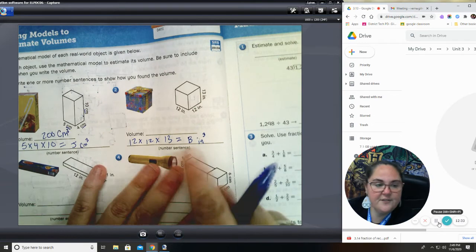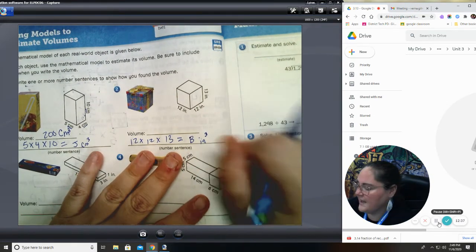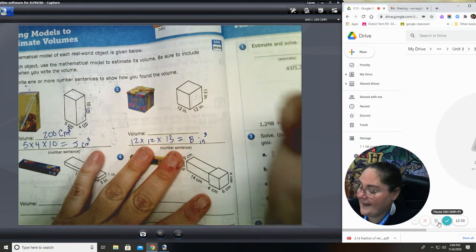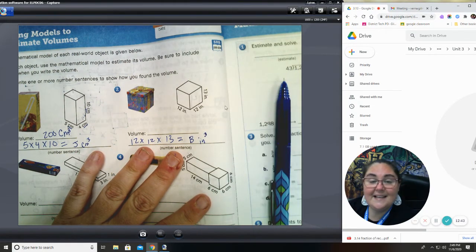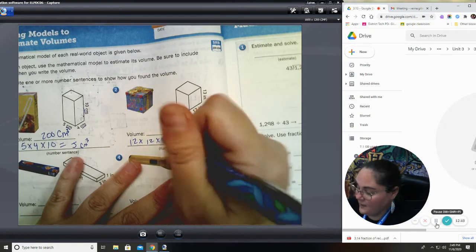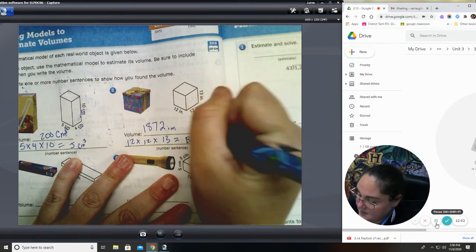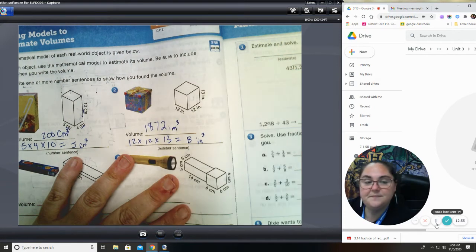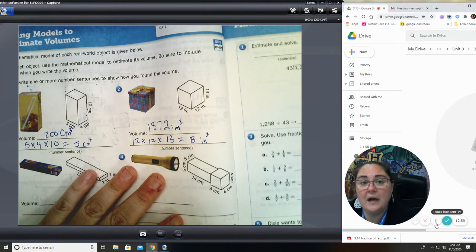Okay, because again, it's a box. That's why I put the B. It's okay. Now we're going to actually find the volume. So if I actually sit there and multiply 12 times 12 times 13, what is my final answer? Your answer should be 1,872 inches cubed. 1,872. If that's not what you got, then try your math again.